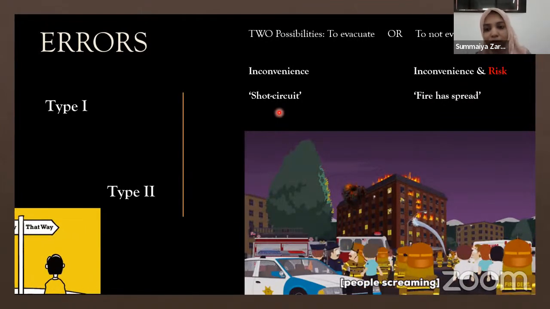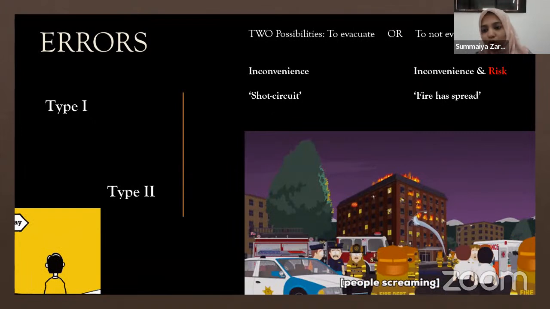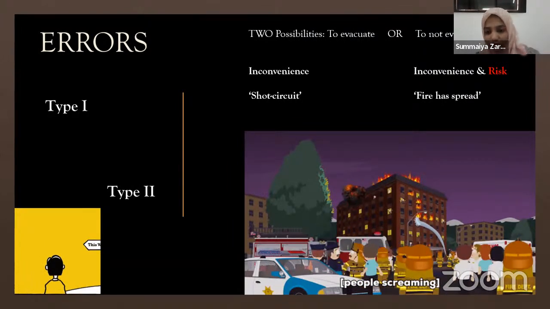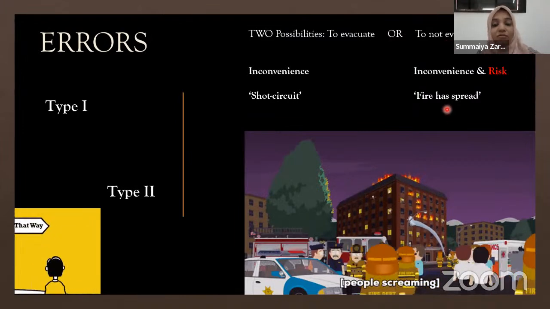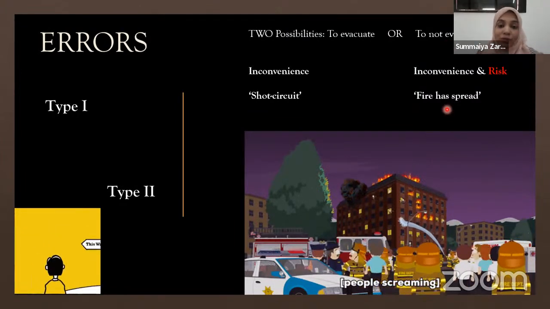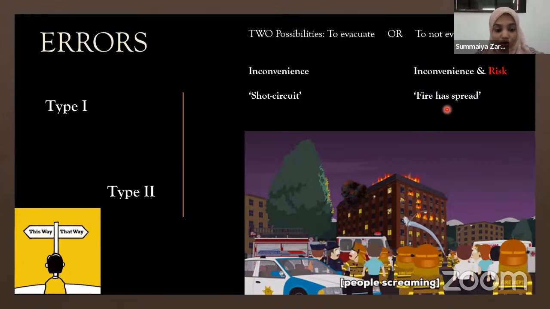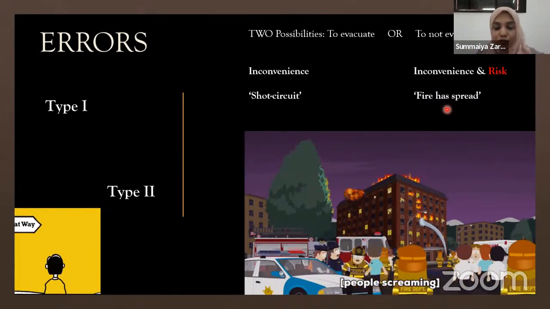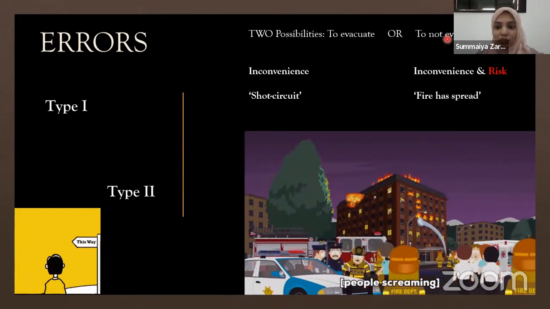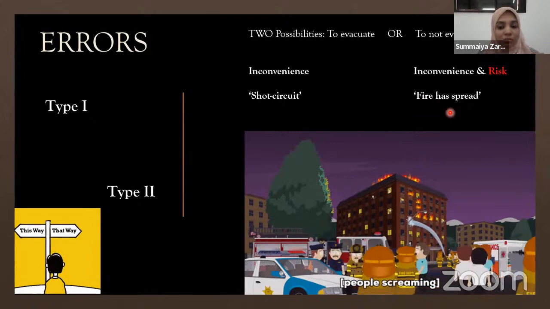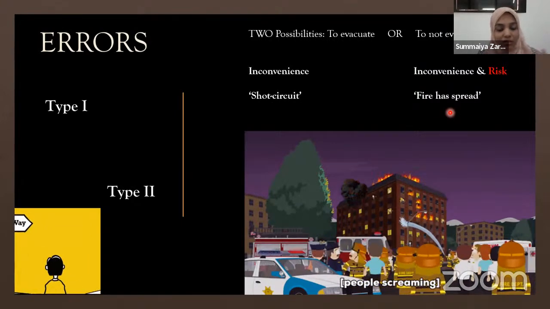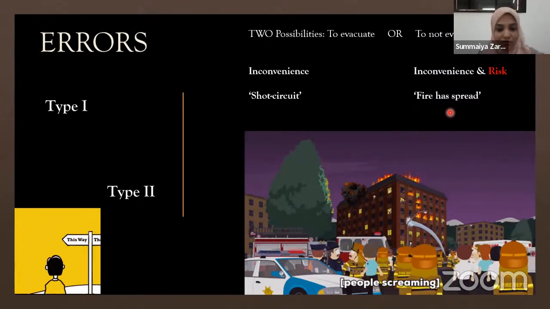We understand. But if you decide not to evacuate, and the fire has spread tremendously, the risk of getting trapped in the building with fire is directly death.